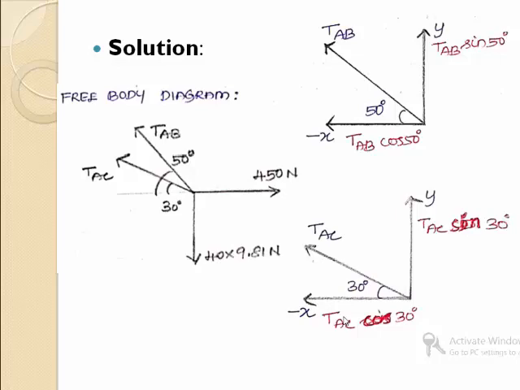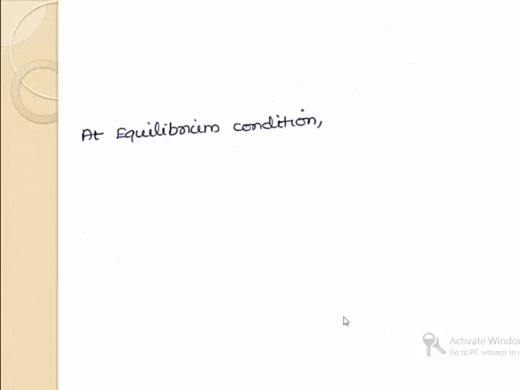Now we can consider the equilibrium condition for the given problem. That is, the summation of all the horizontal forces acting in the system should be equal to 0, and the summation of all the vertical forces should be equal to 0 for the system to be in equilibrium.